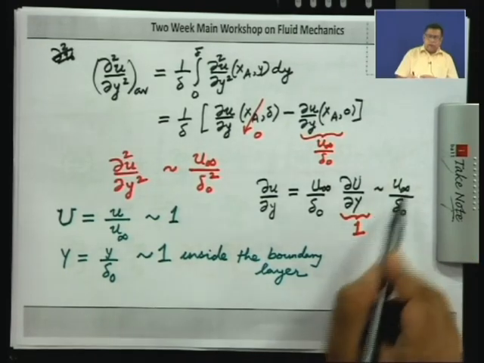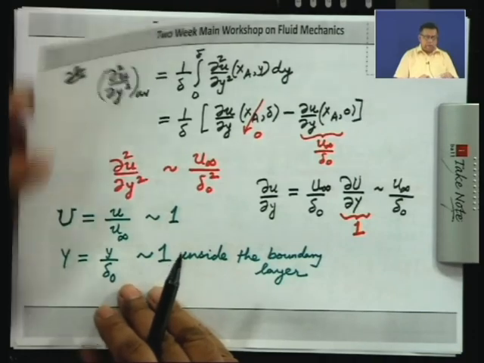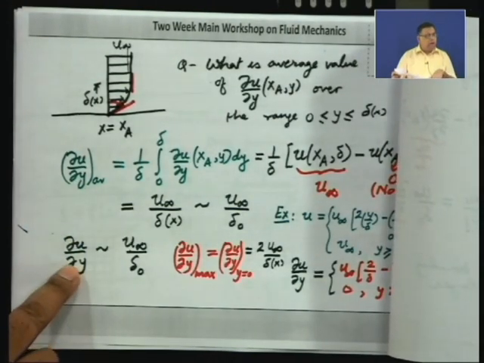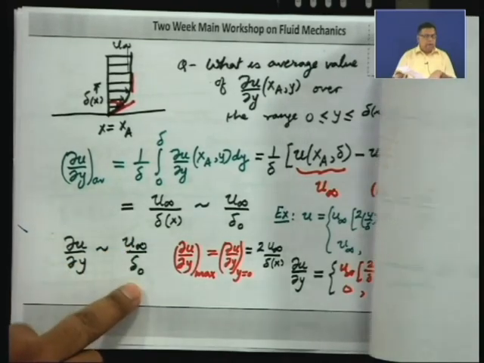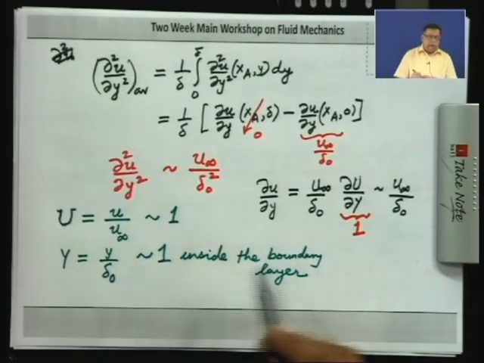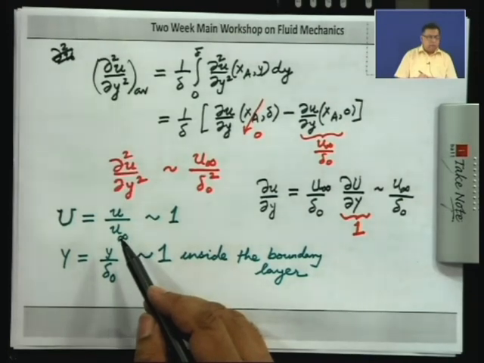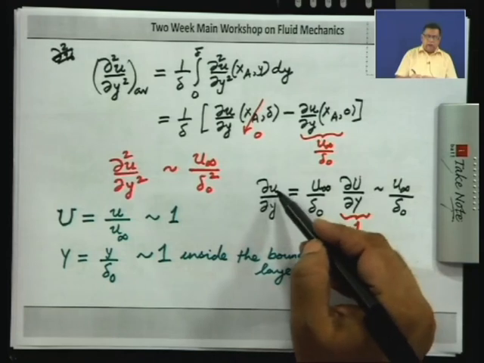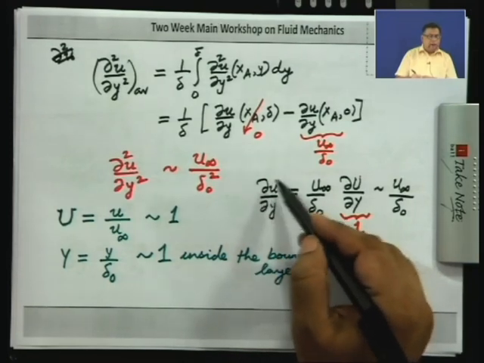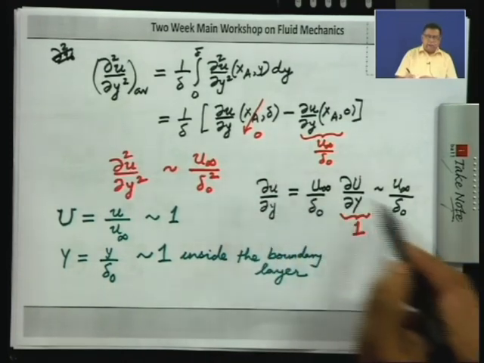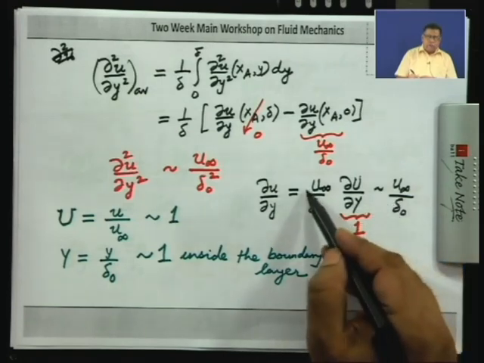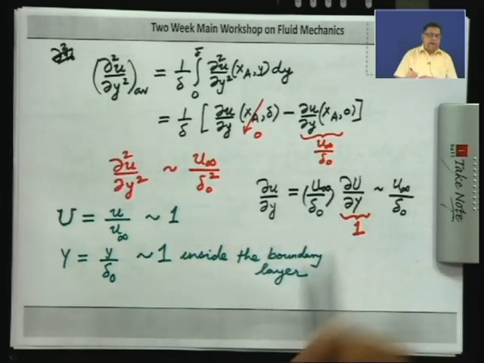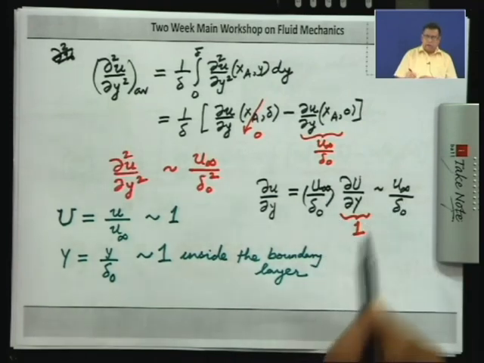So, I compare this with the previous estimates, where you have shown that del u del y is u infinity by delta naught. So, what this means is that if you non dimensionalize the quantities using appropriate scales which make the variables order 1, then if you write the dimensional gradient in this manner, the coefficient sitting in front of this will reflect the order of magnitude of this whole quantity.